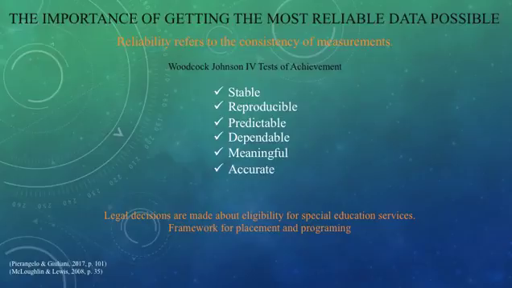Assessment is the framework for placement and programming. The Woodcock-Johnson 4 Test of Achievement has proven itself to be a reliable source of data. It is stable, reproducible, predictable, dependable, meaningful, and accurate.